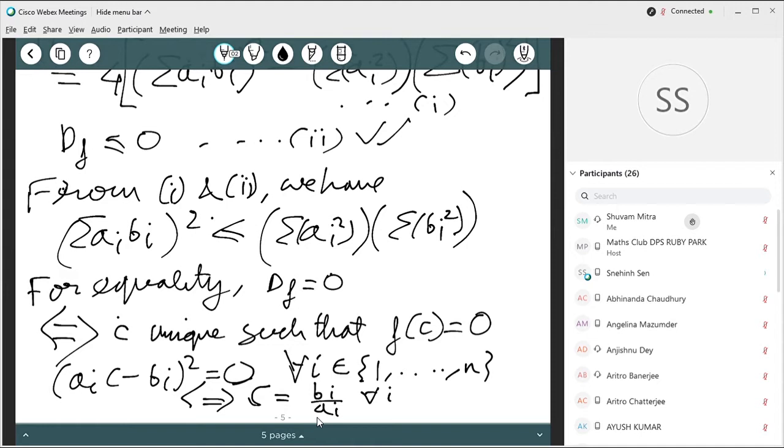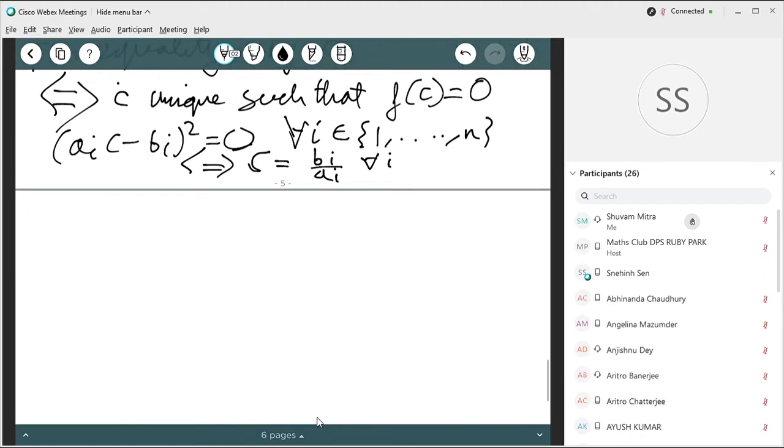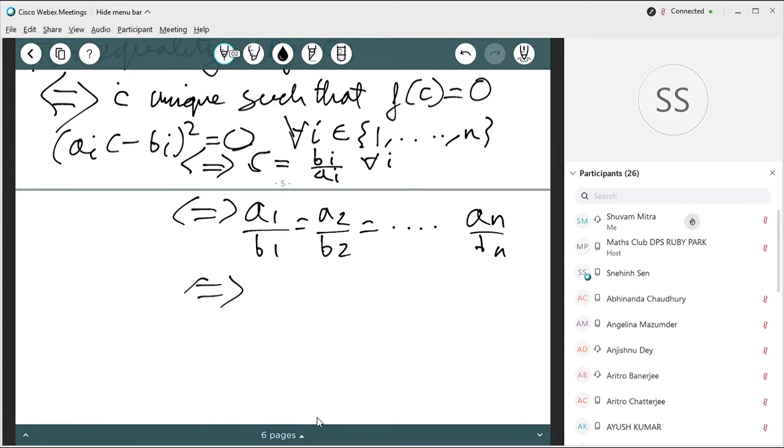So what does this tell? c is equal to bi by ai for all i. This is if and only if a1 by b1 is equal to a2 by b2 is equal to an by bn, which is if and only if b1 by a1 is equal to b2 by a2. Can you scroll up a little?